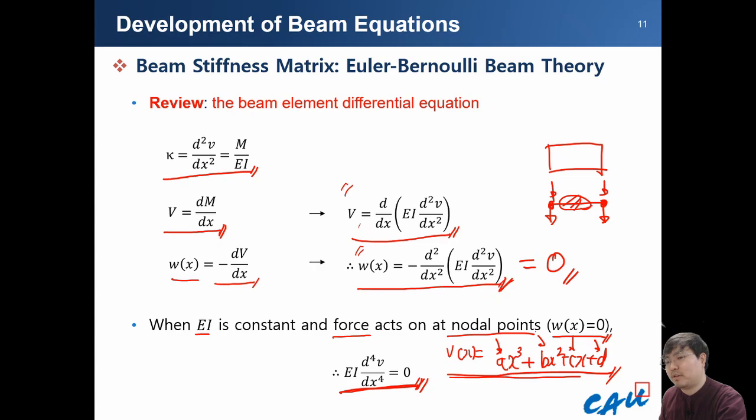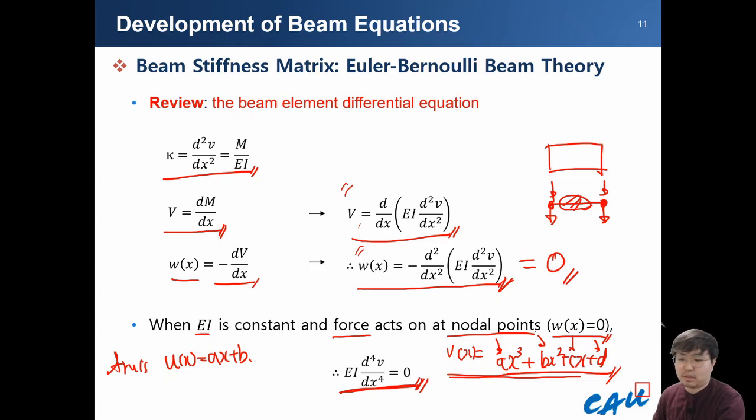This is the same way, but in the truss element, we assume that the displacement field is a linear, or first order, polynomial equation. However, to mimic the beam deformation, we need a third order polynomial assumption.